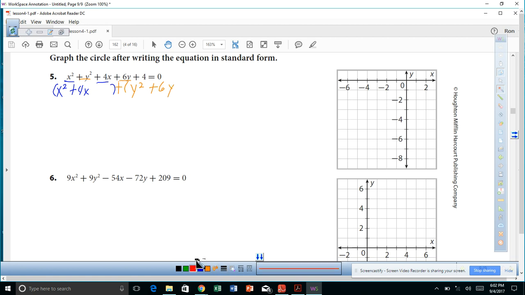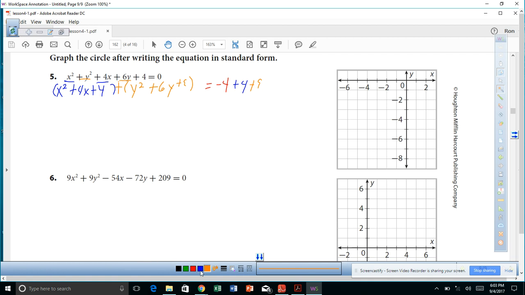And we're going to subtract 4 from both sides, and that's going to be equals -4. All right, 4 divided by 2 is 2, and 2 squared is 4. So we're going to add 4 there and add 4 there. And then 6 divided by 2 is 3, and 3 squared is 9. So we're going to add 9 there and add 9 there.